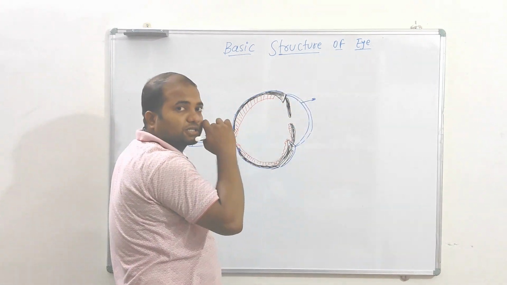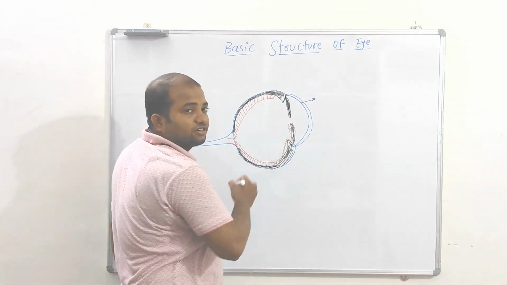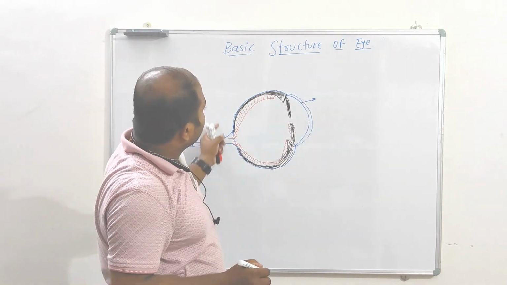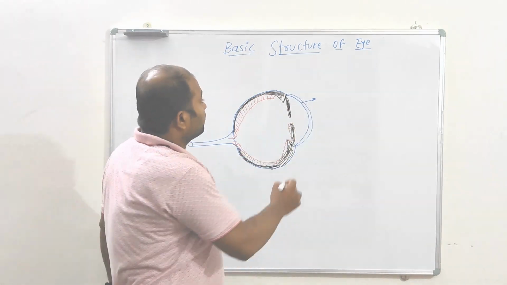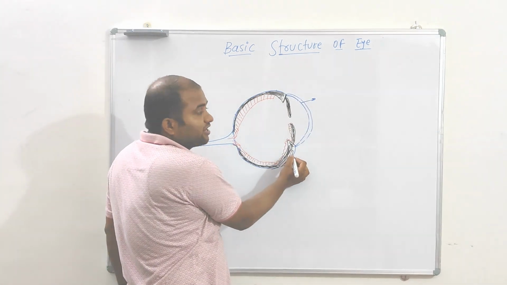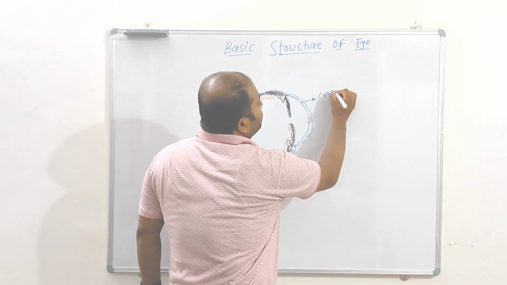It is a transparent structure, because light has to pass through it, right? So this is the 1/6 part of the outer coat, the transparent medium, more curved anteriorly, and it is called the cornea.